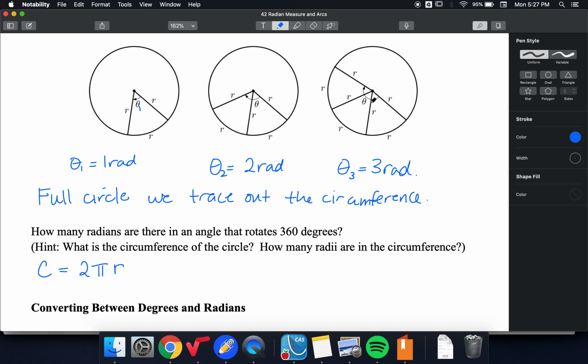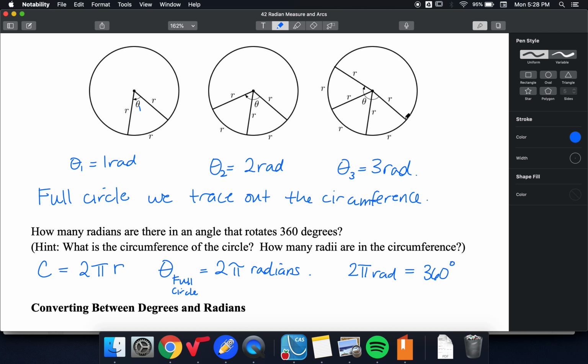So that means in a full circle, when we trace out the whole circle, we end up going a total of 2 pi radiuses. So that must mean the theta of a full circle is equal to 2 pi radians. Well, that also means that in my conversion, 2 pi radians are equal to 360 degrees.